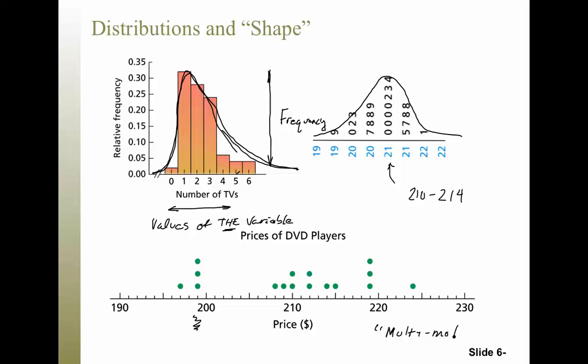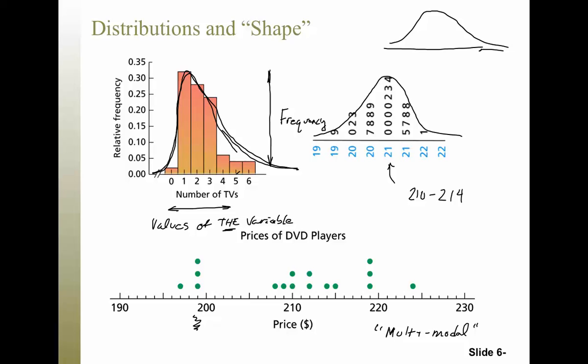Right? A mode being the highest frequency. So we have three places of kind of highest frequency. Okay, important review. What we're going to be looking at is something like this. That's all you'll see.